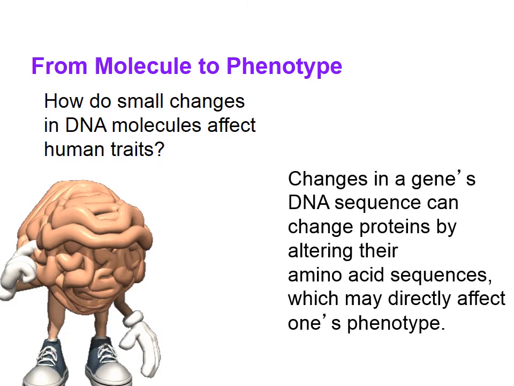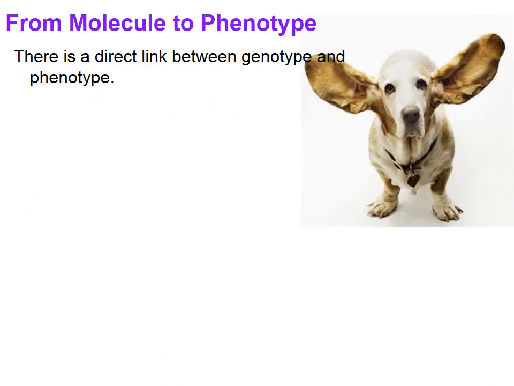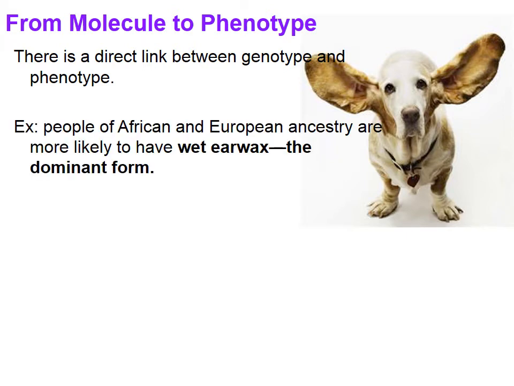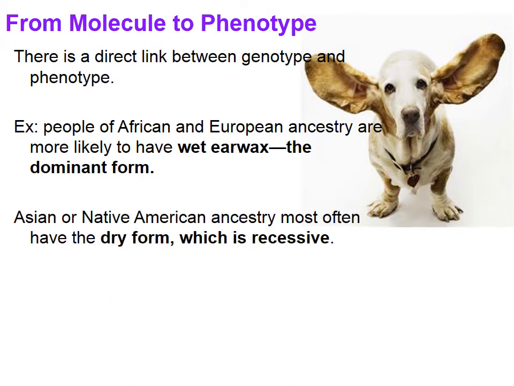Now, when we talk about phenotype, don't forget that some of your characteristics are maybe diseases that you have. And obviously, there's a direct link between genotype and phenotype. An example is earwax. People of African and European ancestry are more likely to have earwax that is wet, whereas Asians or Native Americans have earwax that could be dry.